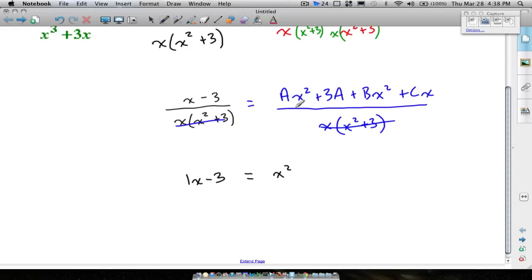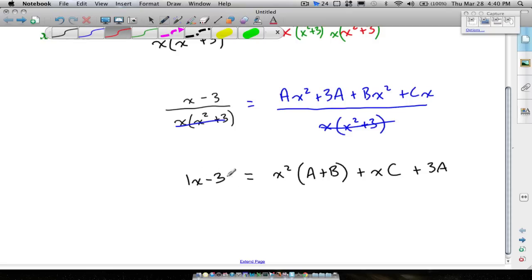So if we have the x squares, we have an a and a b. So I'm factoring the x squared out. Notice if we distribute back, we have ax squared plus bx squared, and that's exactly what we got right there. The only term we have with the x in it is this c, so we have plus x times some c. And then our constant here, 3 times some constant a.